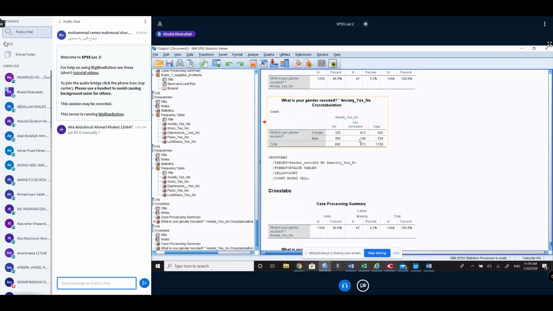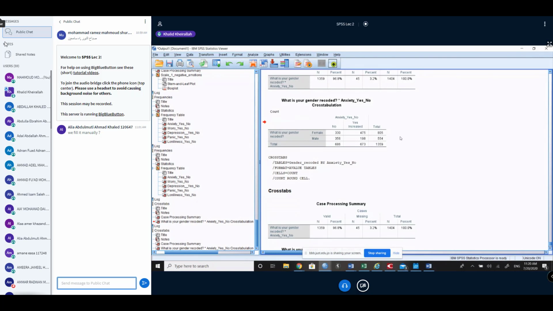Among males, 198 out of the 554 reported increased anxiety. So we can calculate percentages, and we can assess if the percentages of self-reported anxiety are different among males than females. Okay, so before we do that, this is the main structure of the table.